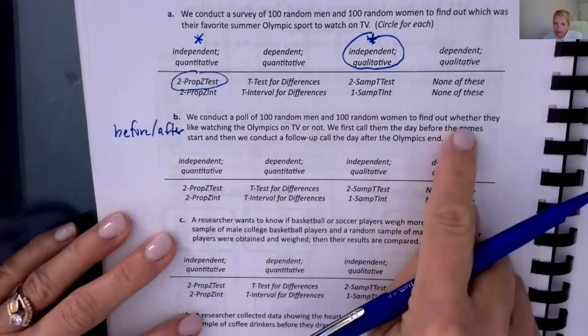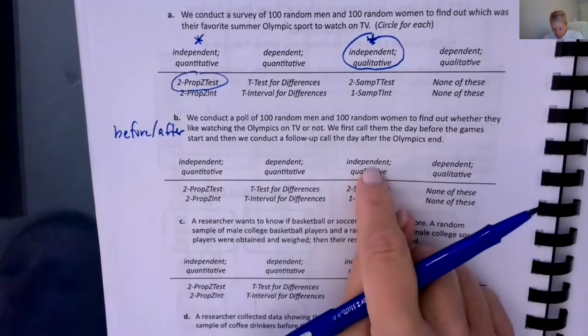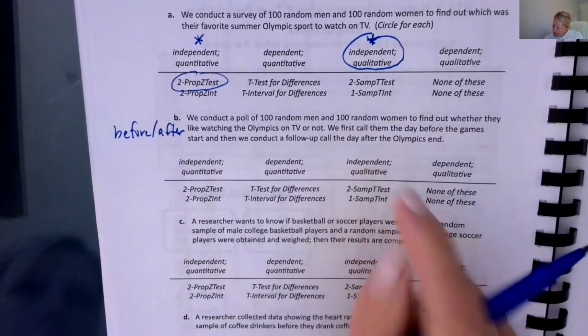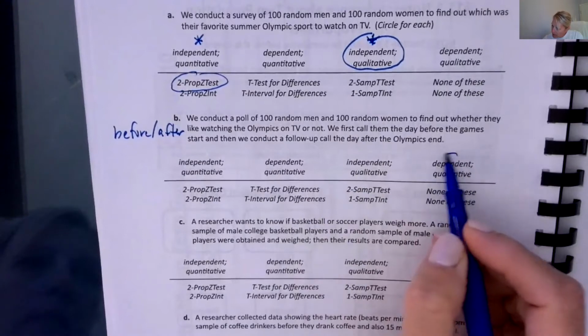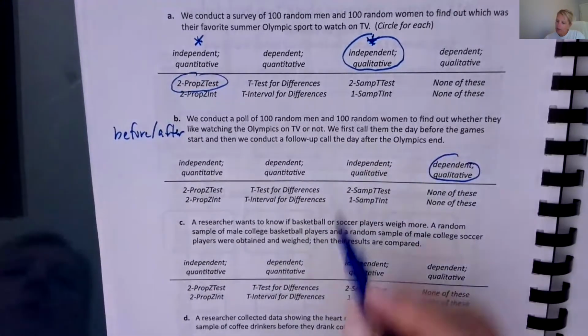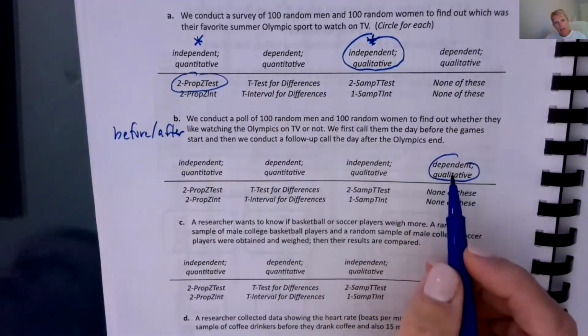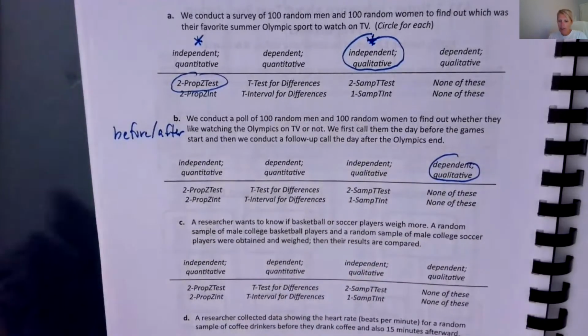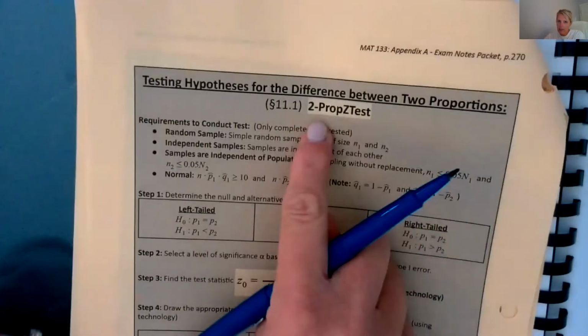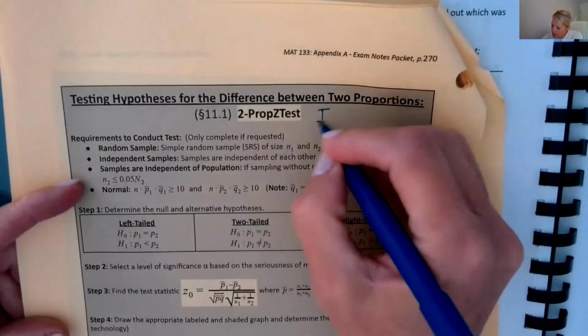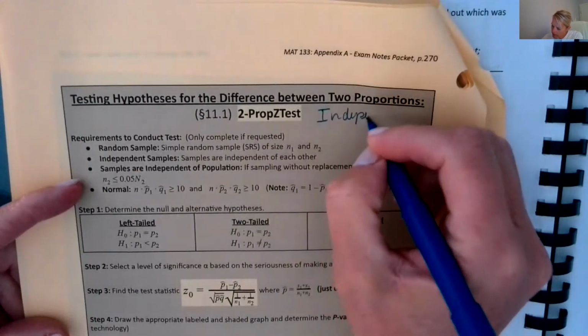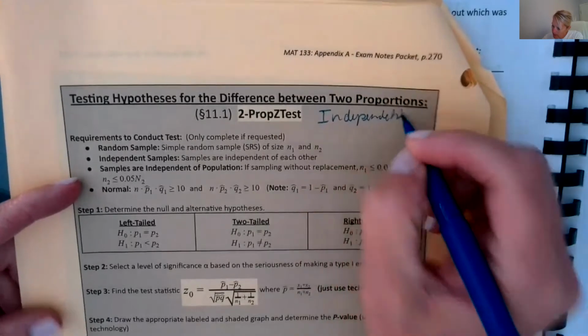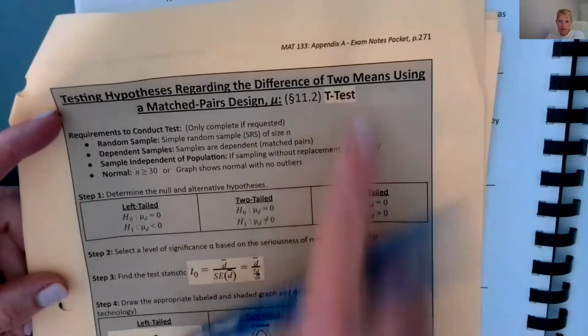And we just ask them a question like, do you like it or not? So it's still qualitative and it's dependent. So dependent and qualitative. And because it's dependent and qualitative, we know that we're not talking about independent. Okay. And we're not talking about means, so we know that's not it.